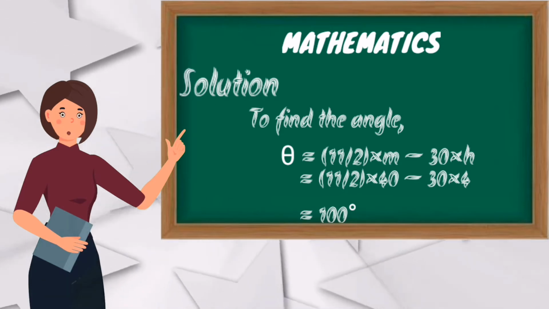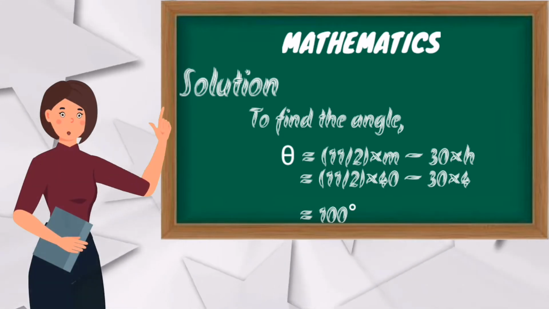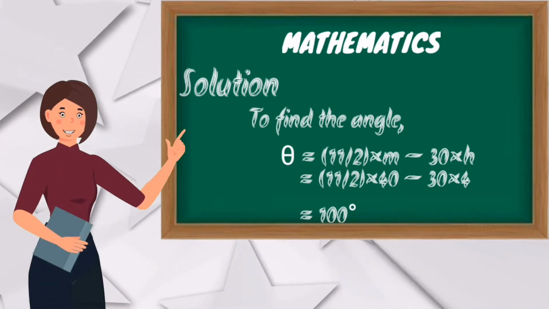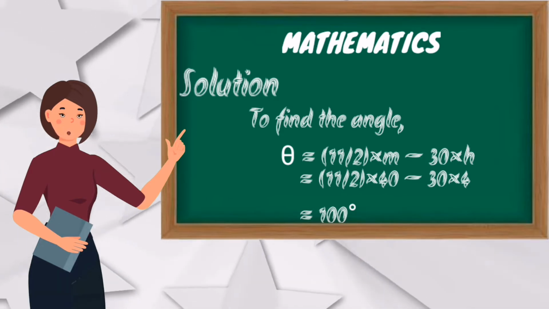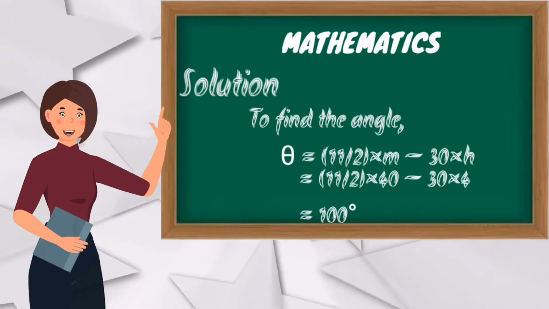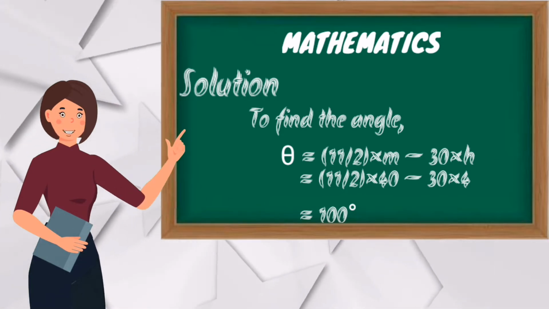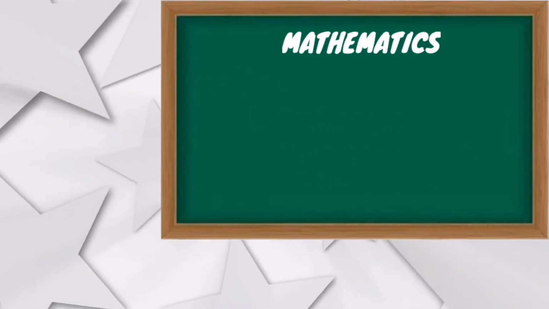Here, m equals 40, h equals 4, and by calculating, we get the answer as 100 degrees. So, 100 is the angle between the hour needle and the minute needle when the time is 4 hours and 40 minutes. So, our correct answer is option A.